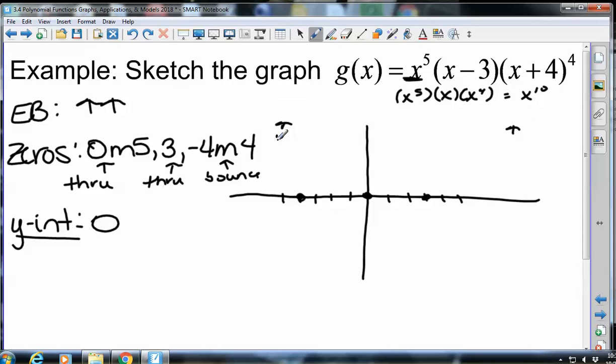So we've got to come down, hit -4, but we bounce, come back and hit 0, which goes through, hit 3, and go through. And so my ends both end up pointing up like we anticipated there. Any questions?